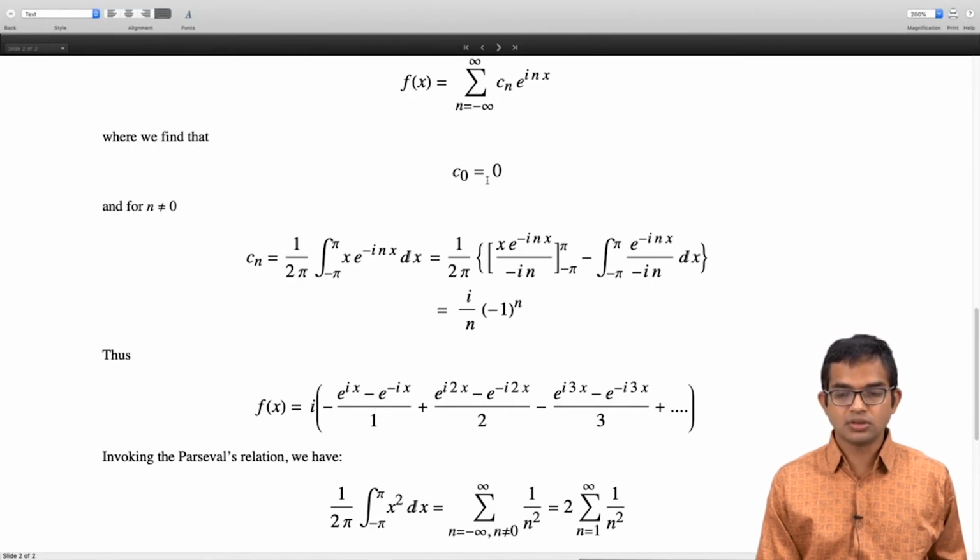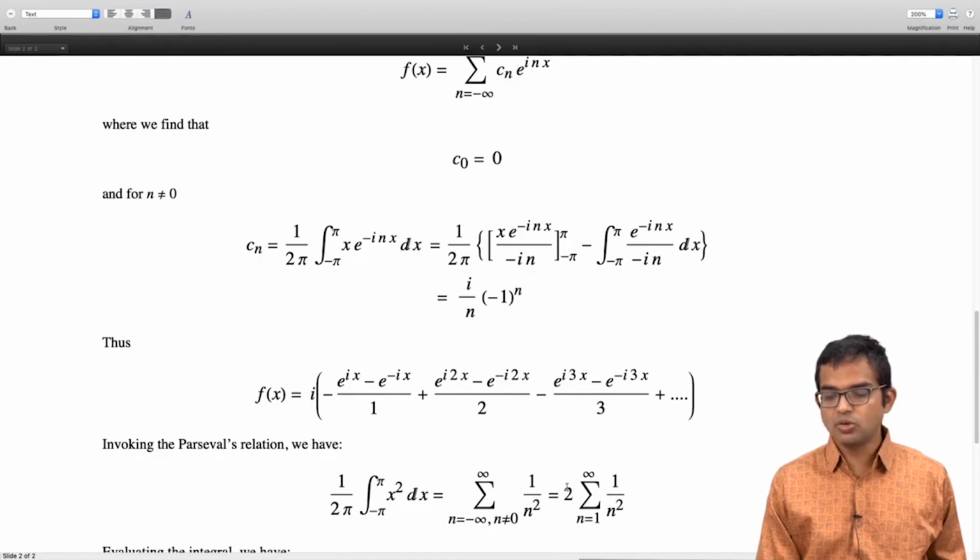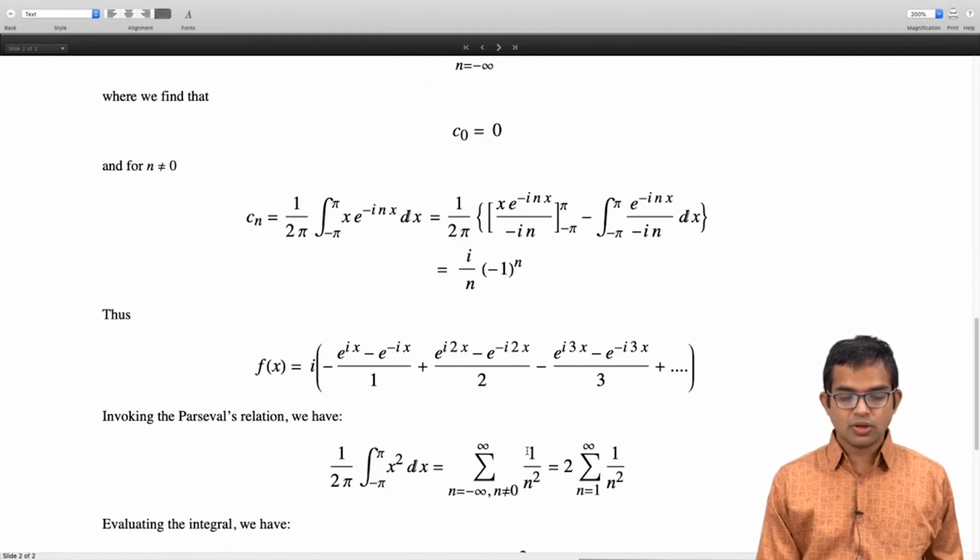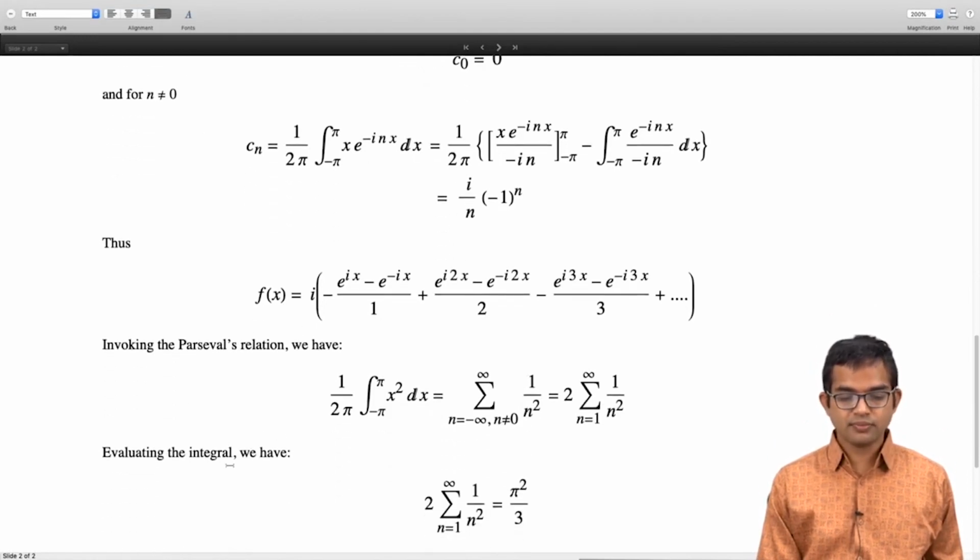Of course we have to omit n equal to 0, since we have seen separately that C0 is equal to 0. So this is the same as saying 2 times the summation over n going from 1 to infinity, only positive values of n, of 1 over n squared, because there is symmetry in this. So what we have is the result that 2 times the summation of 1 over n squared is pi squared over 3.